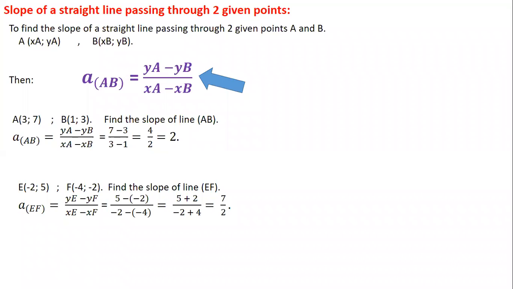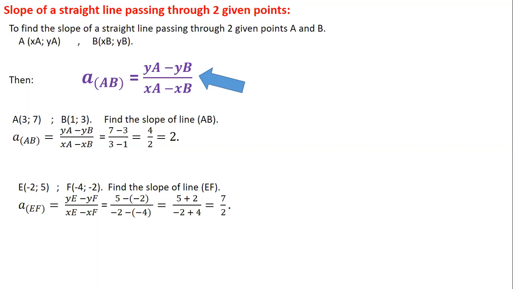Yes, Mariam. The second example: you have a point E (-2, 5) and a point F (-4, -2), okay? We should find the slope of line EF. Please read the rule. Slope of line EF equals YE minus YF over XE minus XF.